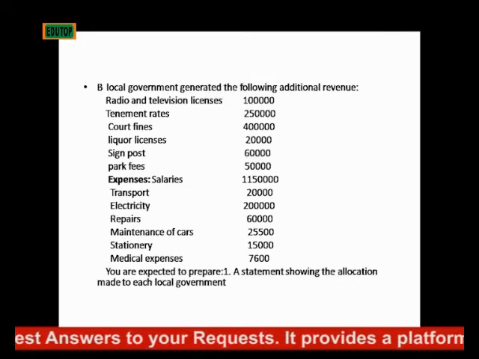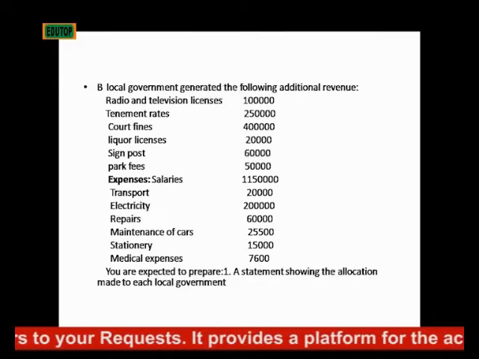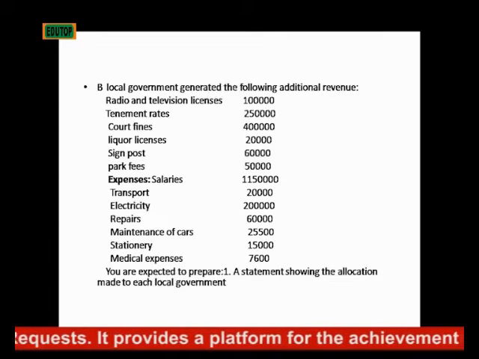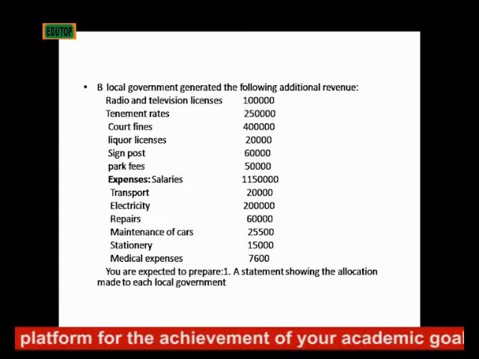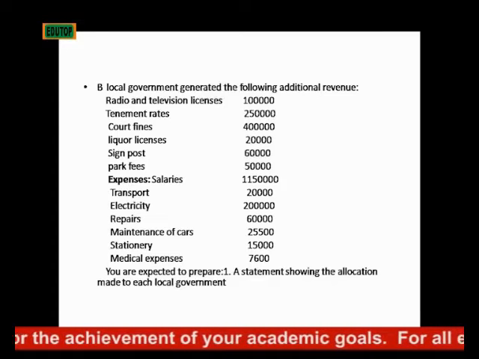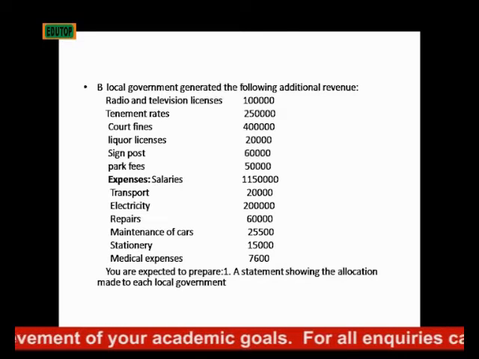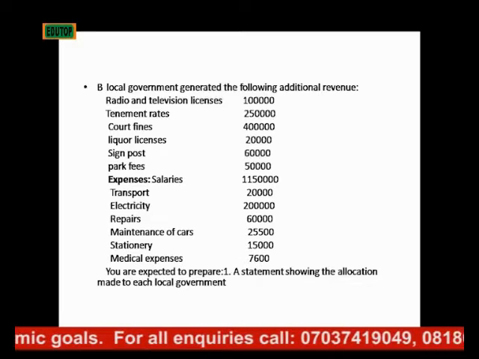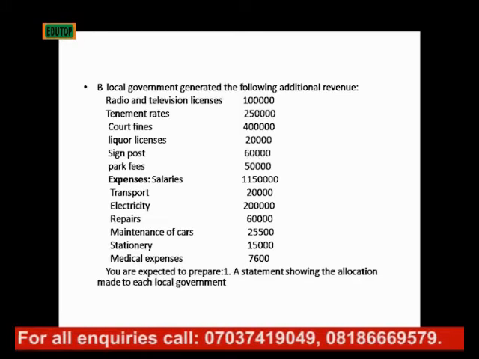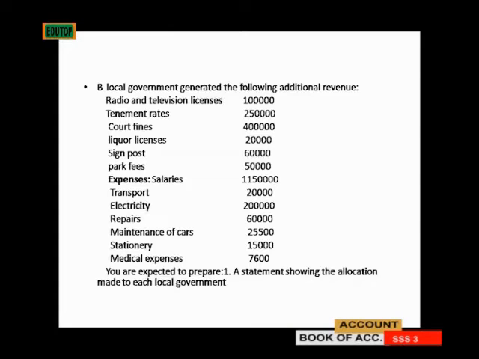So B, they now request from us that the local government generates the following additional revenue. Aside from the allocation from the revenue, local government B still generates additional revenue, which is radio and television license, telemetry, and they also incur expenses, which is salary, transport, electricity, repair and maintenance of car, stationery, medical expenses.